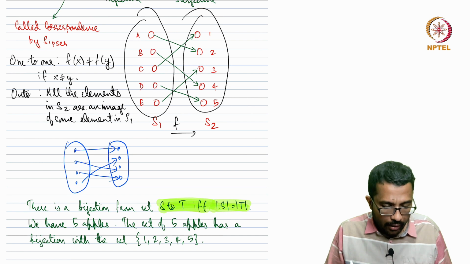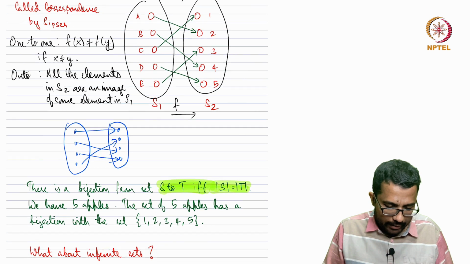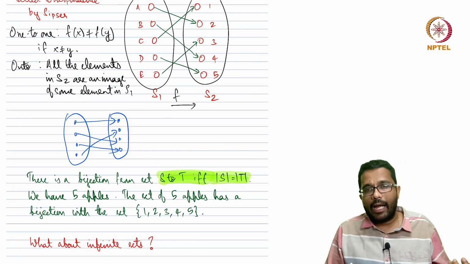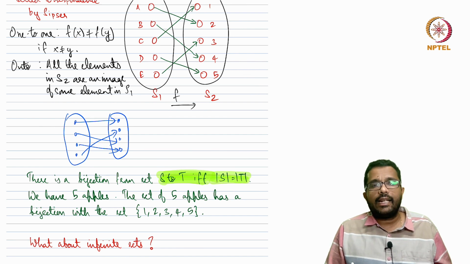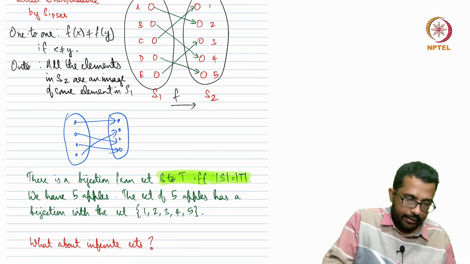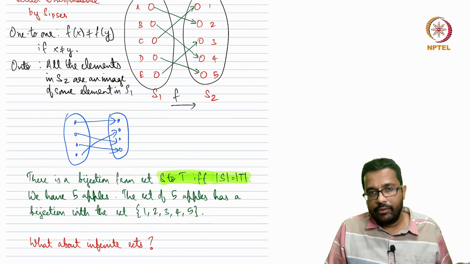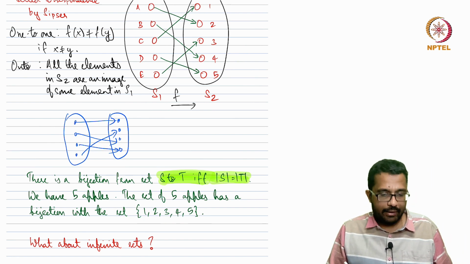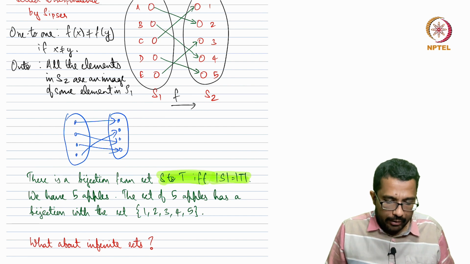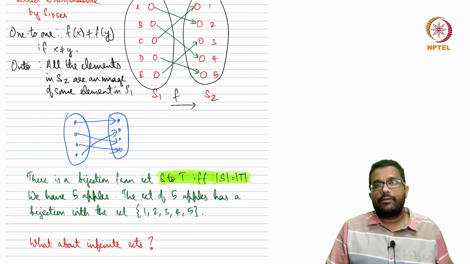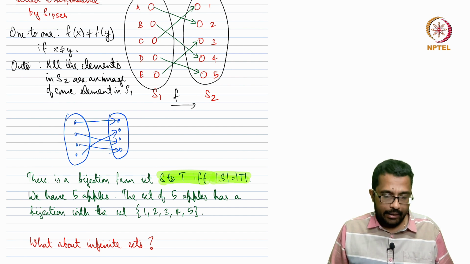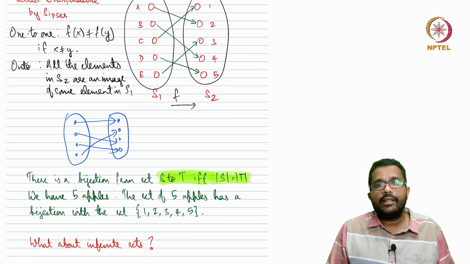For instance, if you have a set of 5 apples, this set can have a bijection with the set 1, 2, 3, 4, 5. So you can map one apple to number 1, another apple to number 2, and so on. So this is the point of bijection. Bijection means it's a mapping from one set to another with the properties one to one and onto, and we can only have it if the cardinalities of the sets are the same.